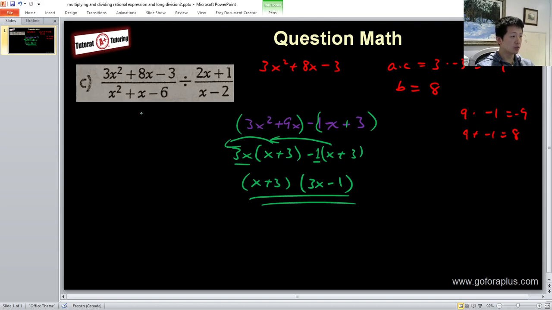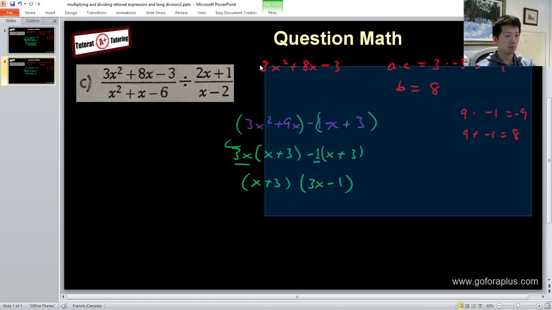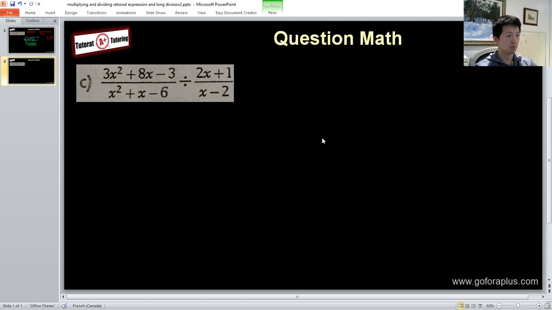So this is how I factorized the first term. How about the second one? The second one, again, I would do it with product and sum. Let me just recopy this. I'll erase this part. There you go. So the second part here is going to be x squared plus x minus 6.